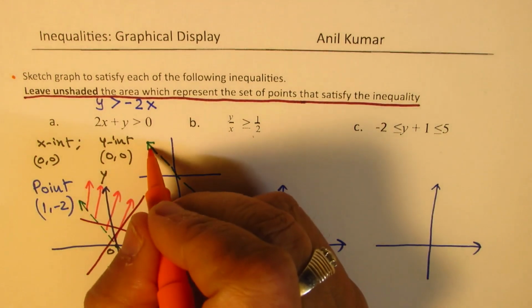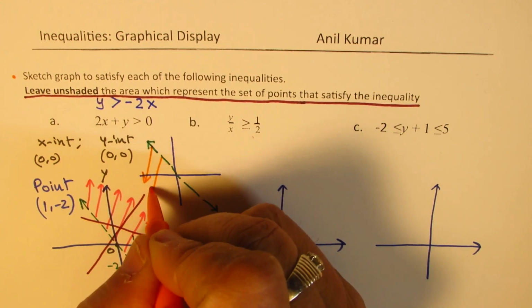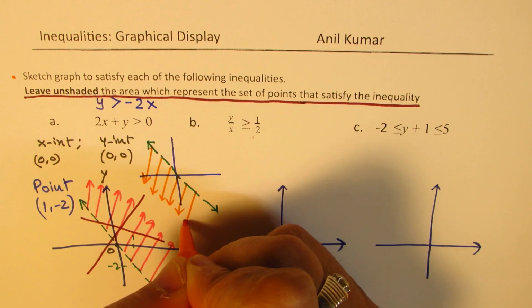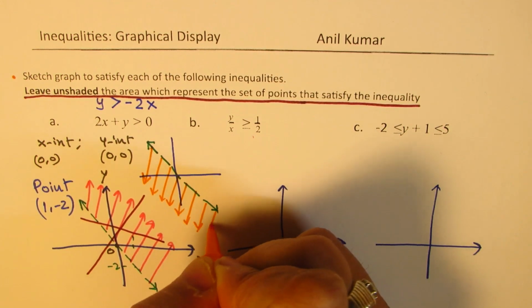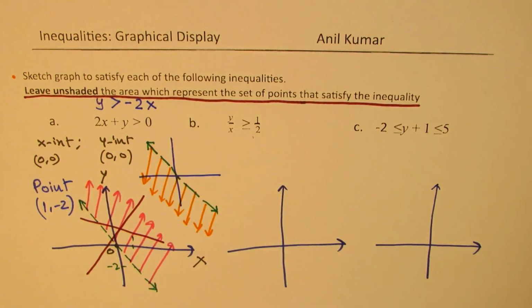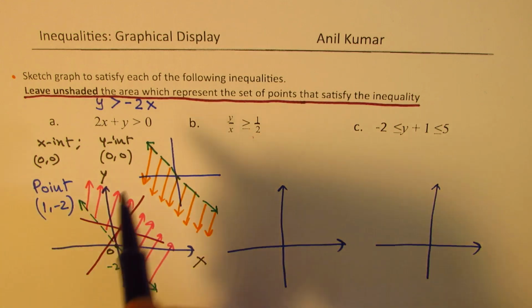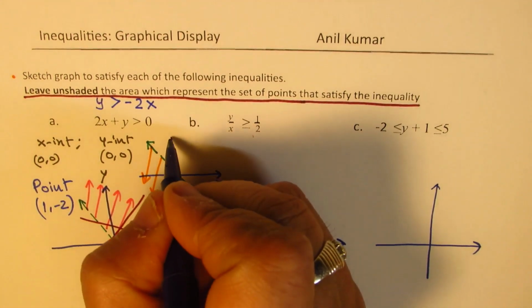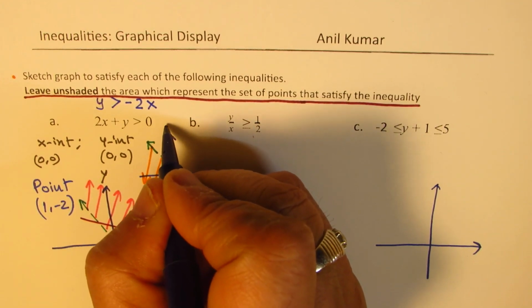So we have to shade this portion. Does it make sense to you? On purpose, I've done all this so that you remember that you don't make this mistake in your test. You get the idea? It is very important.